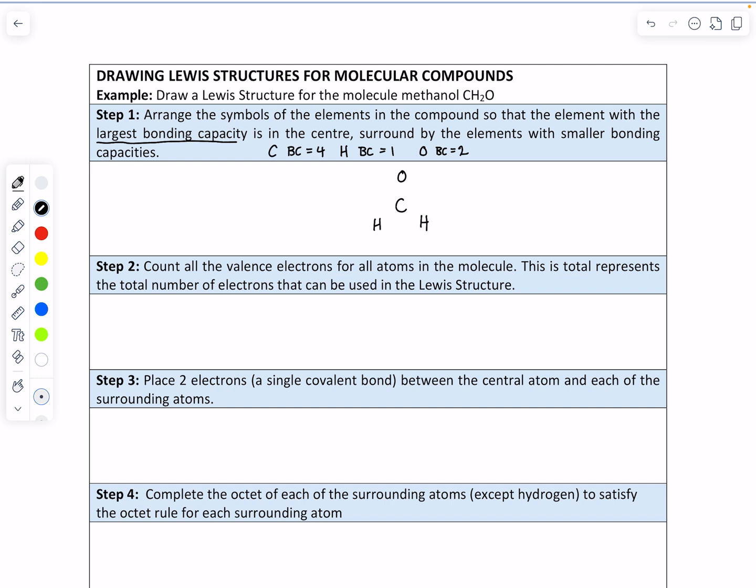Step 2. Count all the valence electrons for all the atoms in the molecule. This total represents the total number of electrons that can be used in the Lewis structure. Carbon has 4 valence electrons. Oxygen has 6 valence electrons.